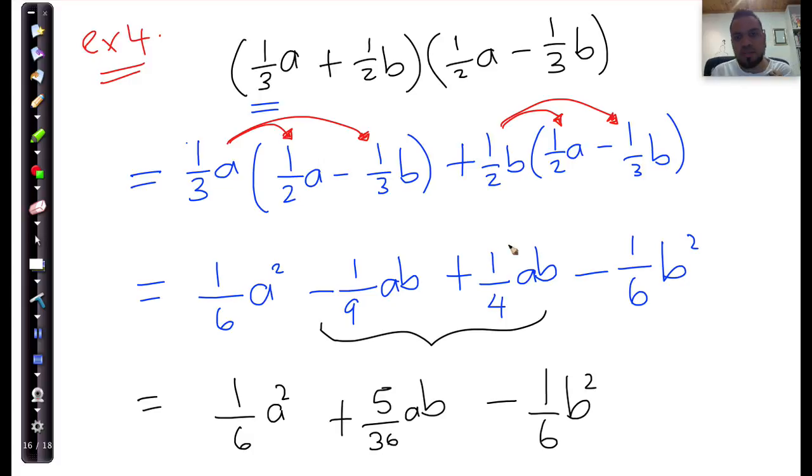Now, I'm going to stop there with this one, but I want you to try example number 4 using the other method we also learned. And remember how the other method works.